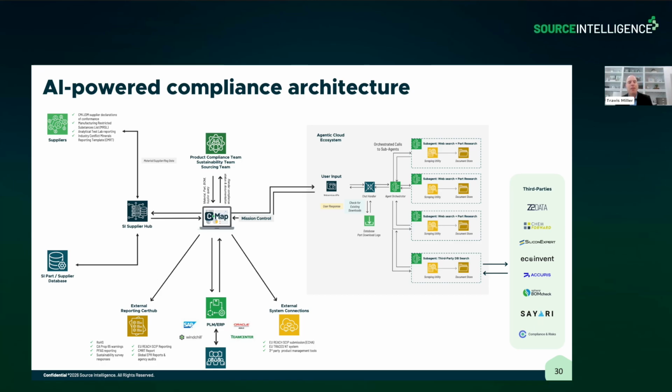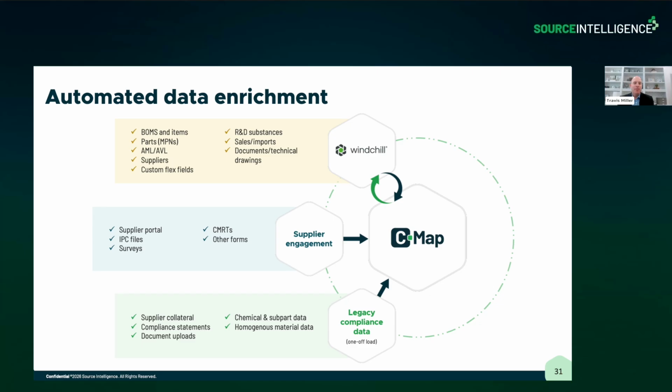Next slide. So along those lines, the best way to do this is through a combination of automation and agentics. So when I say automation, what am I talking about? Well, I mean connecting to your existing product lifecycle management system, Windchill in this case.